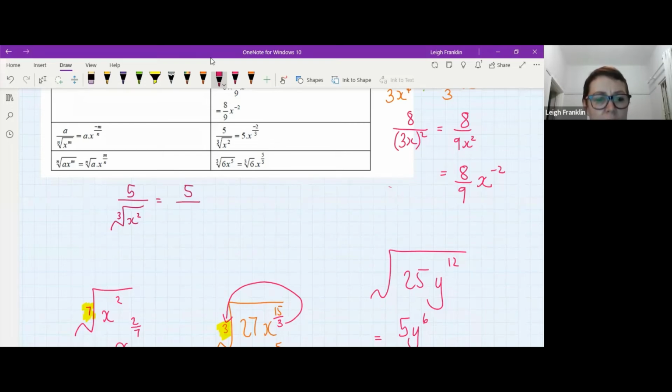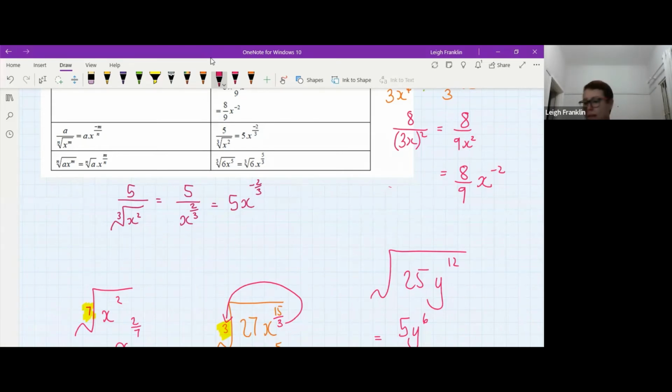So this is going to be 5 over x to the power of, the guy on the outside gets killed, the guy at the bottom gets kicked to the outside. So that would be 2 over 3. And now when we take it up to the top, we would write that as 5x to the power of minus 2 over 3.